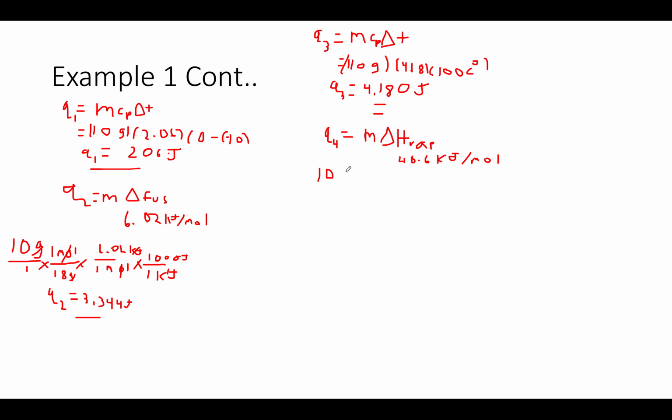10 grams of ice, 1 mole of ice or water, 18 grams. To convert 1 mole of water to a gas, we need 40.6 kilojoules. And 1 kilojoule is 1,000 joules.